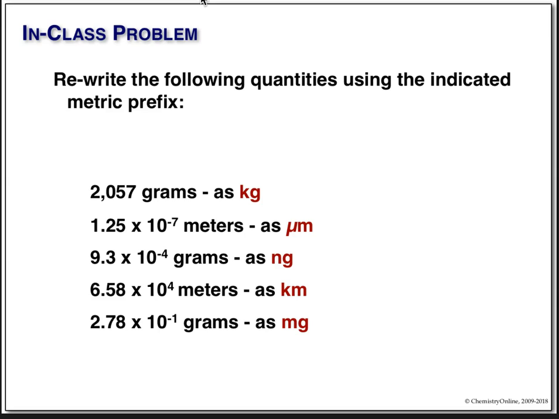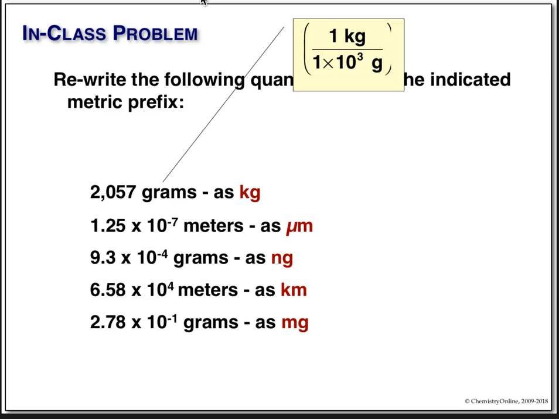Kilo is 1,000, or 10 to the third. So there will be 1,000 grams in 1 kilogram. Kilo stands for 1,000. Therefore, that ratio would work.